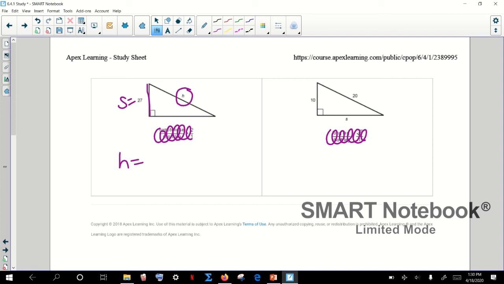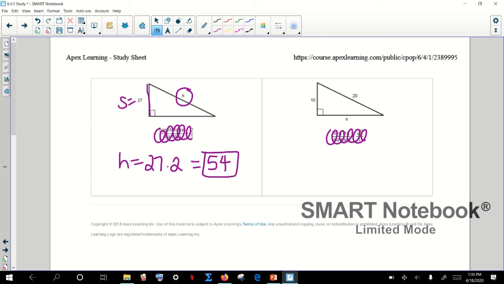I think that's the easiest way to get these problems done. If I'm given the short side and I want to get to the hypotenuse, what do I multiply by? Multiply by 2, right? So I take whatever the short side is, multiply by 2, and what's 27 times 2? That is 54. So that's the length of the hypotenuse in this case. That one was super easy.